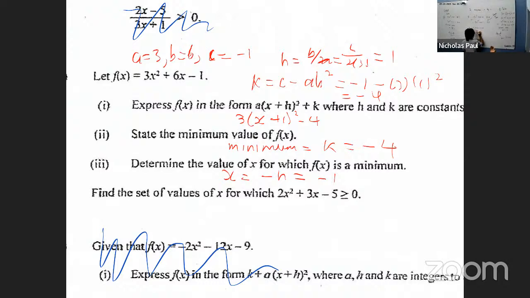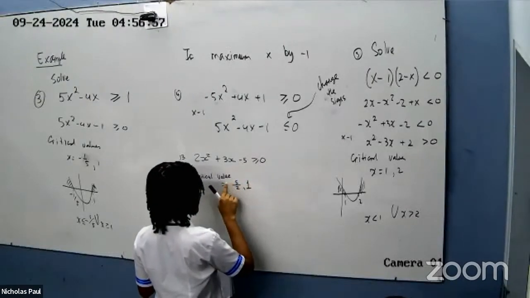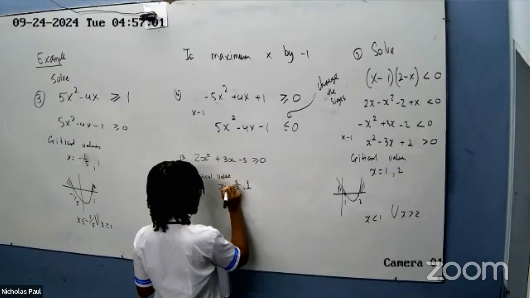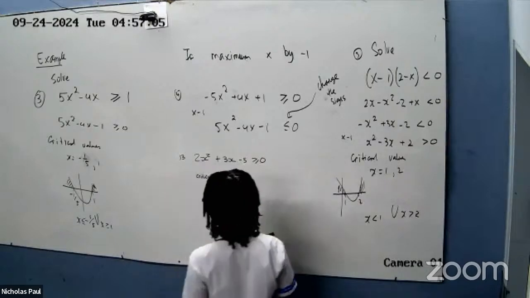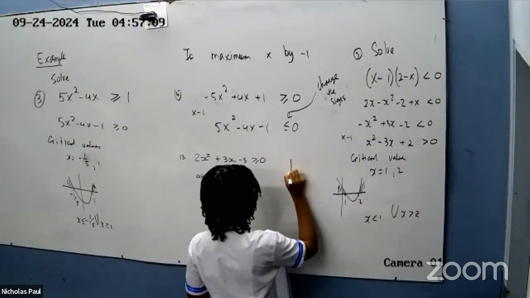So the minimum and the critical values are. Right, the minimum and the critical values are minus 5 and 2 and 1. Look at that. Right. Now she has to do a sketch.